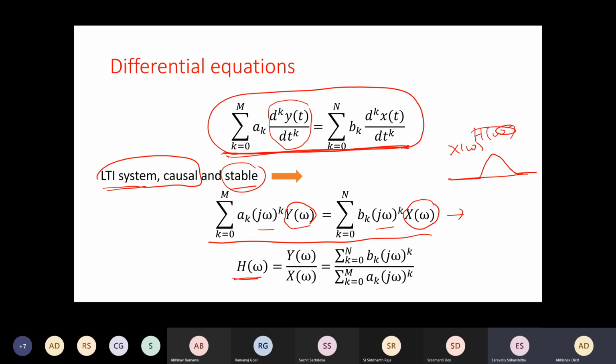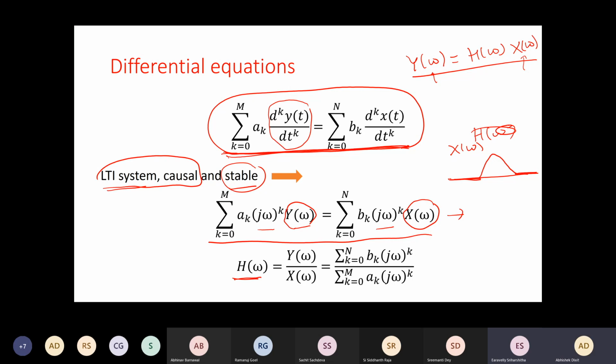You might run into trouble. These types of inputs will not allow you to compute, though this is always correct, always true. There is no ambiguity about this. But suppose you are given in questions Y of omega and X of omega, and X of omega is like this, then we'll run into trouble.